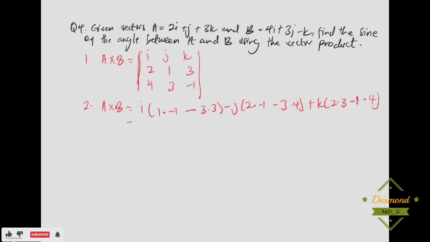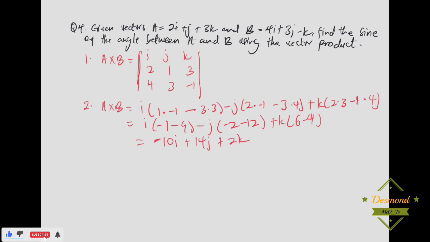And when we simplify, you should get I multiplying negative 1 minus 9, minus J, negative 2 minus 12, plus K multiplying 6 minus 4. And lastly, we should get negative 10i plus 14j plus 2k. So this is our determinant.